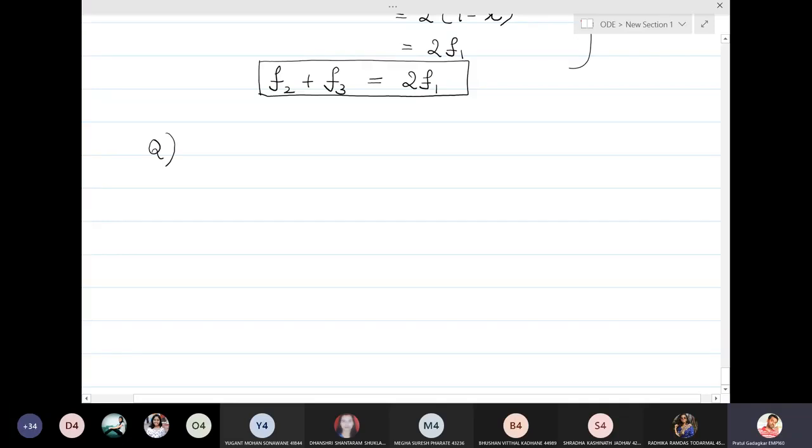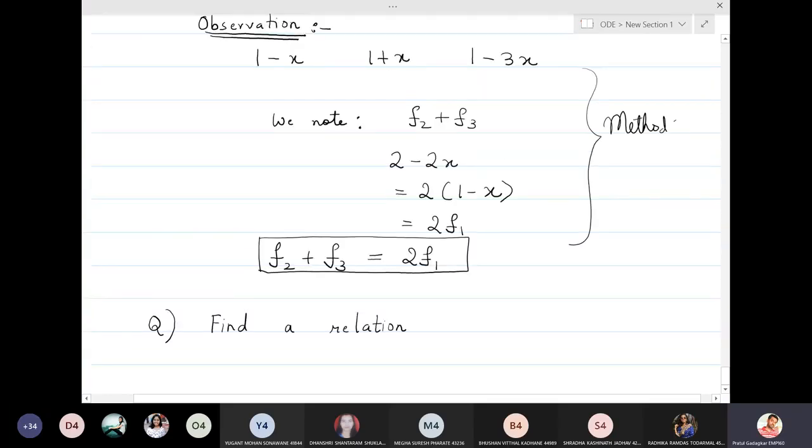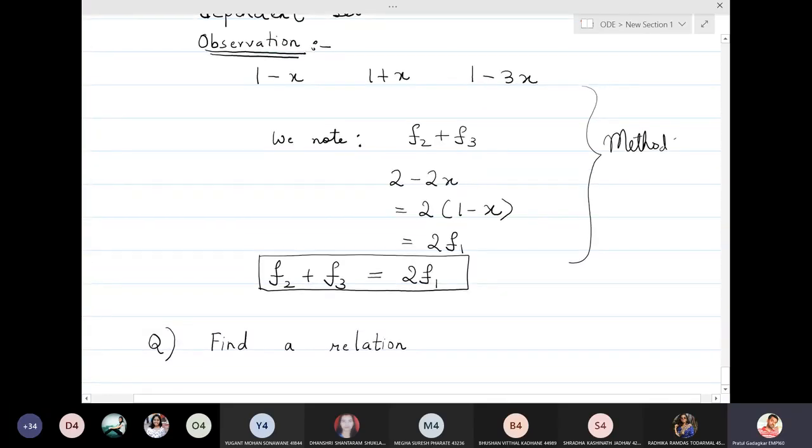Question: find a relation. Now I'm teaching you the method. Here I told you the observation; now I'm teaching you the method.